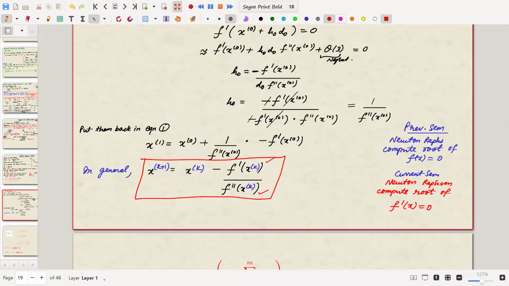So this methodology is a general procedure for gradient-based optimization, which is also applicable to the multidimensional case. You can generalize this to multidimensional cases, where instead of f prime, you can use the gradient, and instead of f double prime, you can use the Hessian.